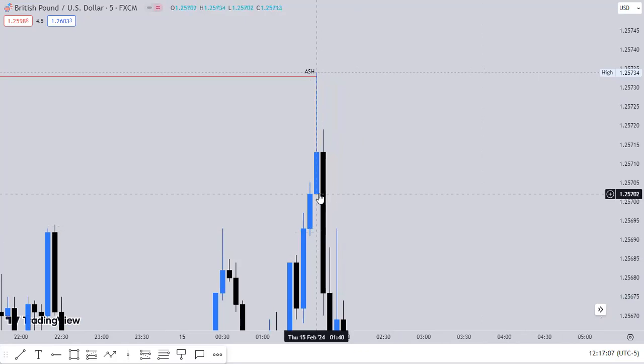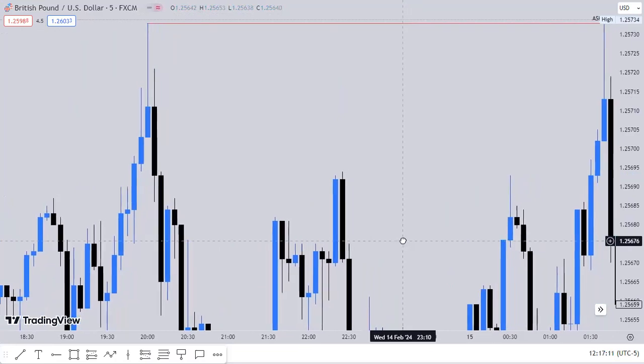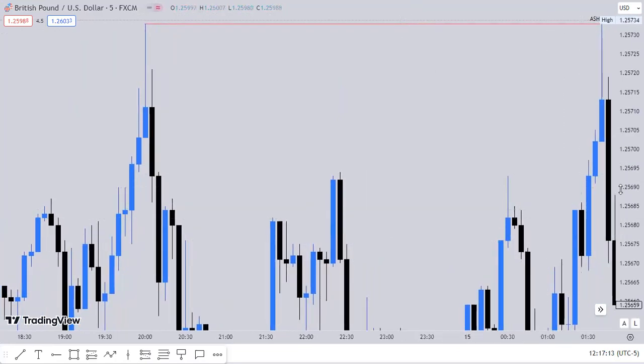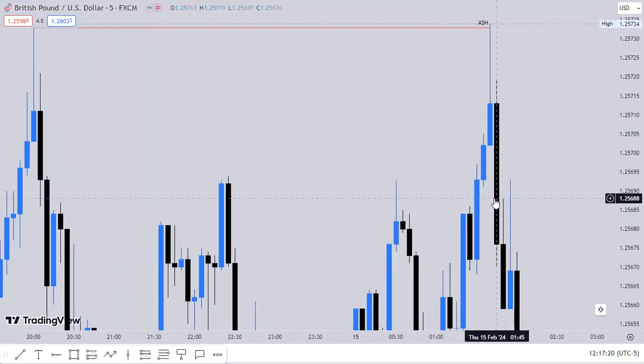So here, when this candle closed, let's say we don't have these three candles, this black candle closed. What did it do? It broke this and this. So this area becomes what? An inversion.